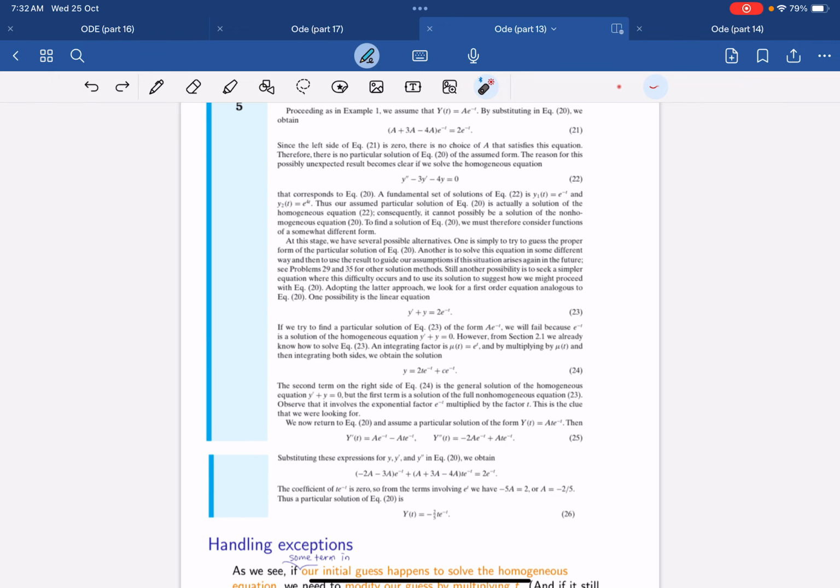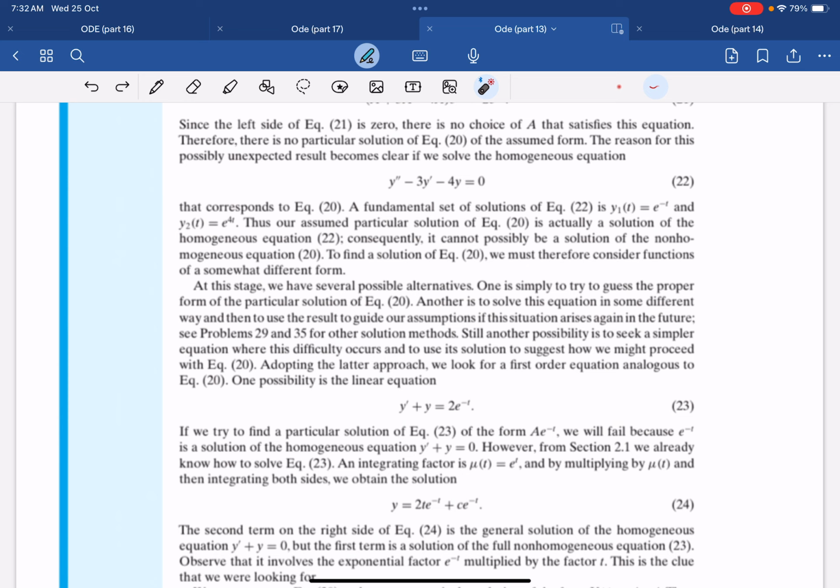So in that case, what we need is to find an alternative. And one way to find that alternative is to take inspiration from what happens in the case when there are equal roots. In the equal roots case, you take a function of t and multiply with e^(rt).